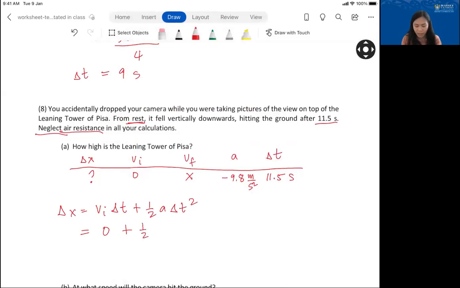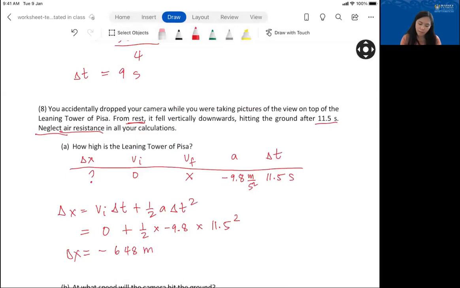Okay, A, be careful here, make sure you include the negative sign, so times negative 9.8. Okay, and then times the time 11.5, and don't forget there's a square. You have to raise that to the power of 2. You will find you will have a negative answer for your delta x, negative 648 meters.